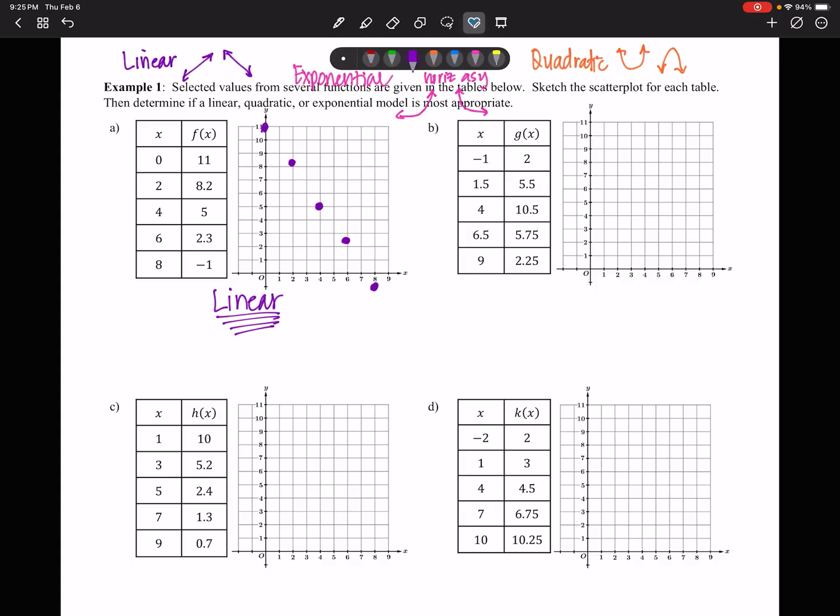Let's look at the next one, -1, 2. So -1, 2, I'm going to do this in gray because I don't want to commit to a color yet. -1, 2, 1.5, 5.5, 4, 10.5. And then we're coming back down here, 6.5, 5.75.